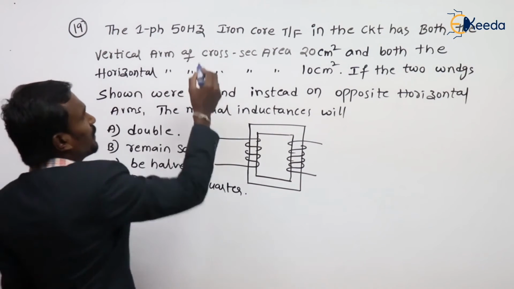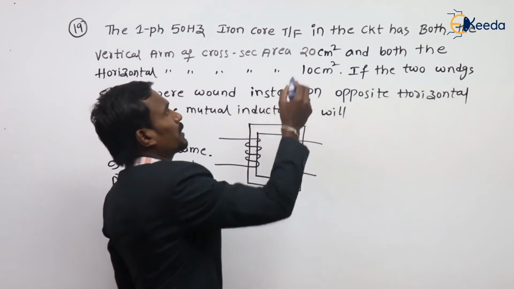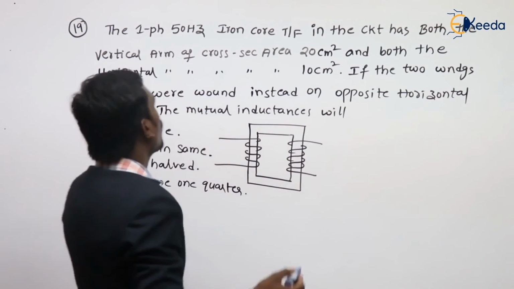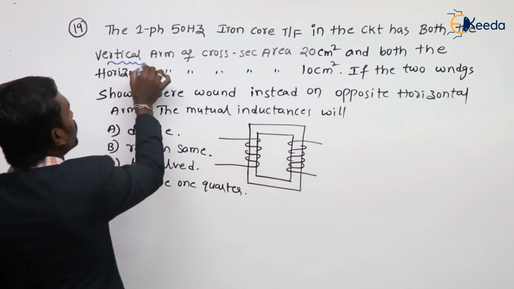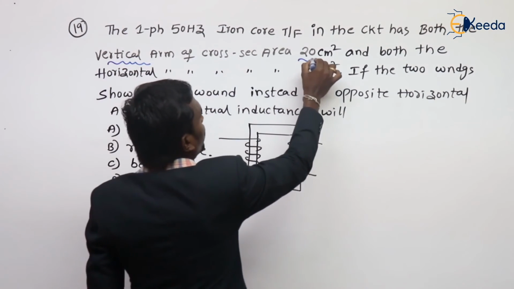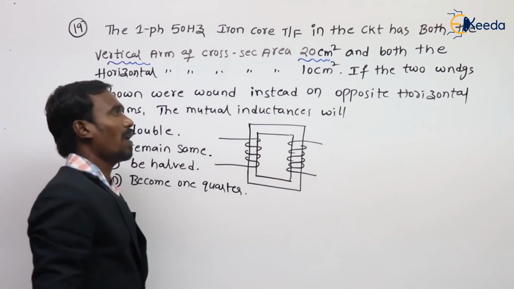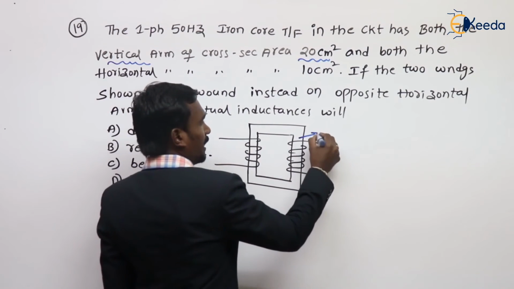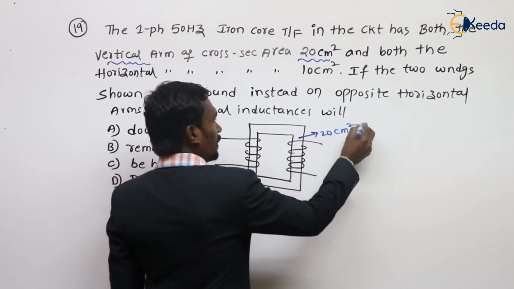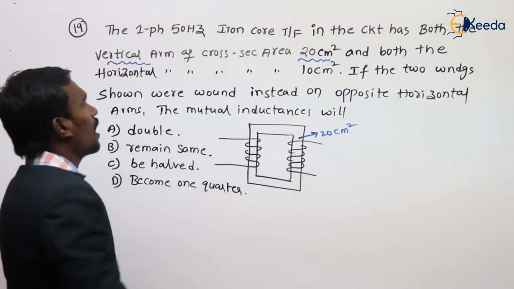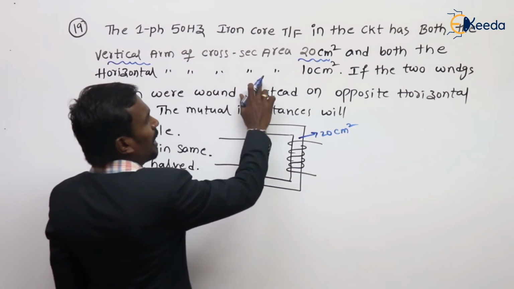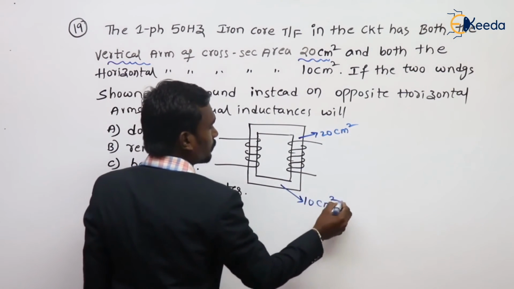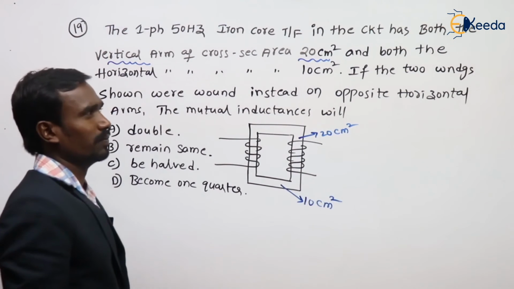A single phase 50 Hz iron core transformer in the circuit has both vertical arms of cross-sectional area 20 centimeters square, and both horizontal arms having cross-sectional area 10 centimeters square.